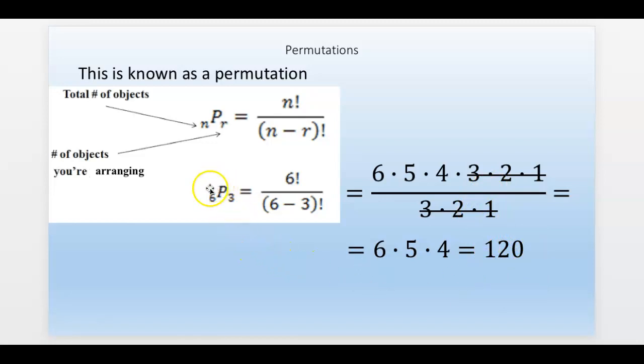Look at this 6P3. You can think of it like this: starting with 6, what are the first 3 numbers in the product sequence of your factorial? The first 3 numbers will be 6, 5, and 4. You can think of it like that.